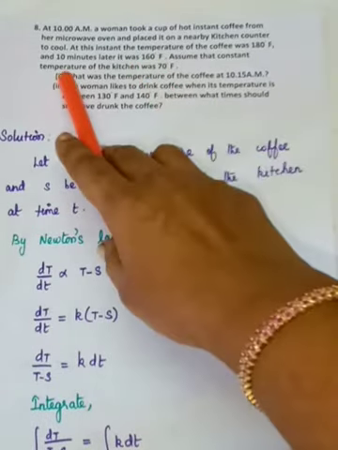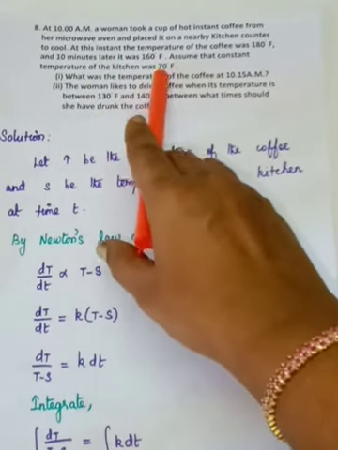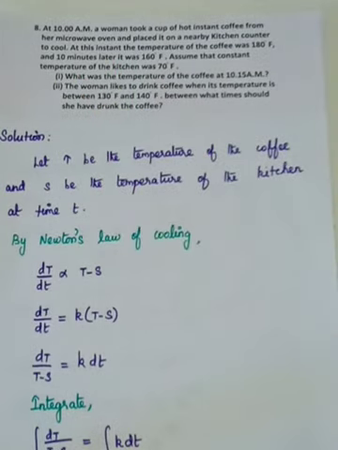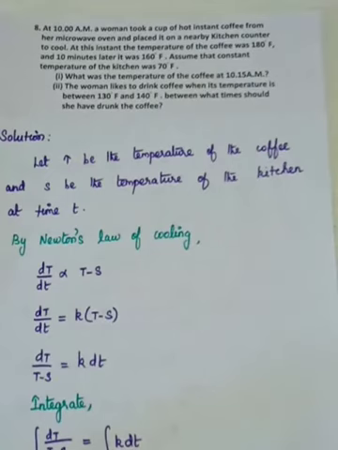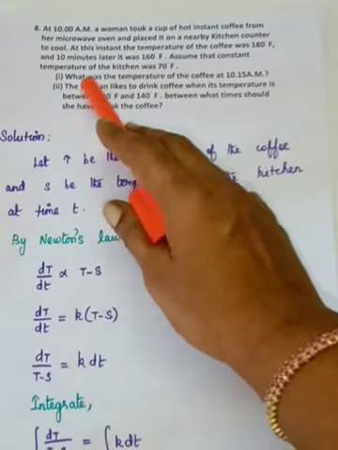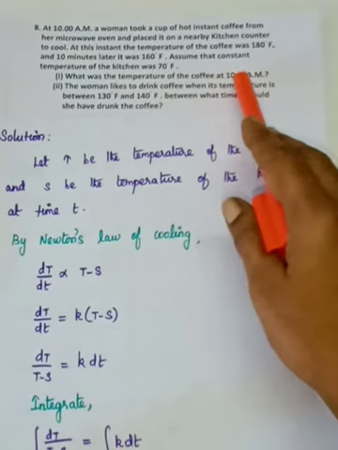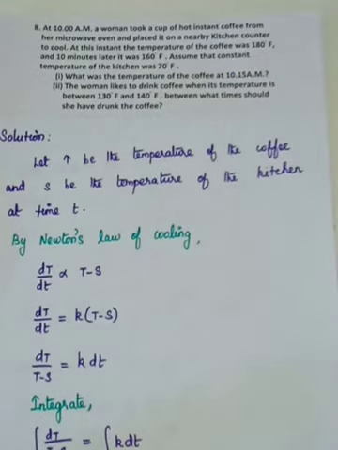Assume that the constant temperature of the kitchen was 70 degree Fahrenheit. So here it is given the temperature of the kitchen, that is the surrounding medium. It is constant, that is 70 degree Fahrenheit. Two subdivisions are asked. What was the temperature of the coffee at 10:15 a.m.? So after 15 minutes, what is the temperature of the coffee?